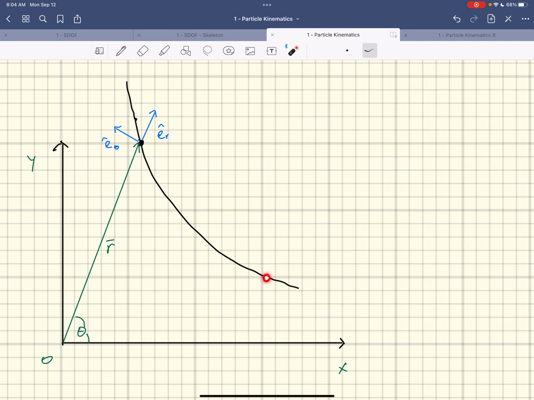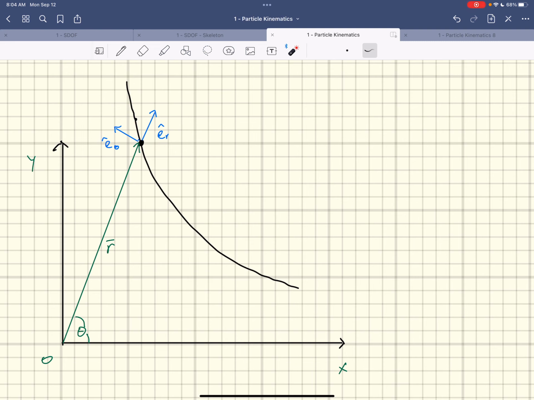So you can see that e_r and e_theta change depending on the position. Those are different than normal tangent. In normal tangent coordinates, you would have one tangent to the path and one pointed back to the instantaneous center of curvature. So that's what normal tangent would look like, and this is different.